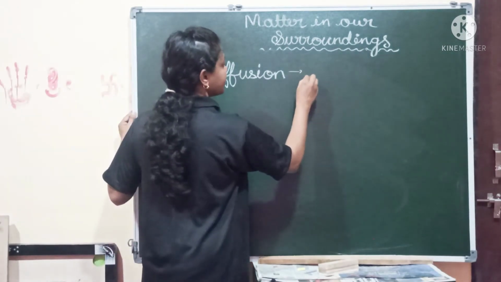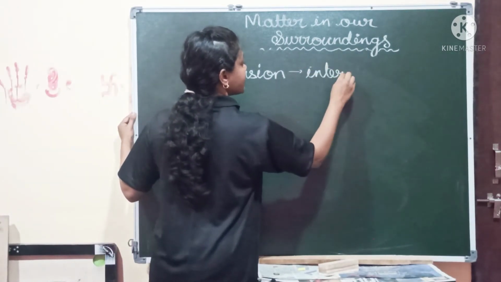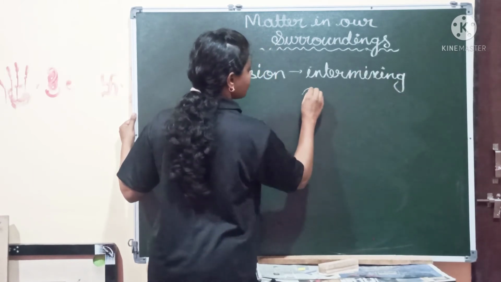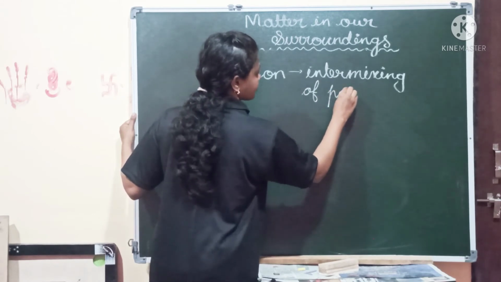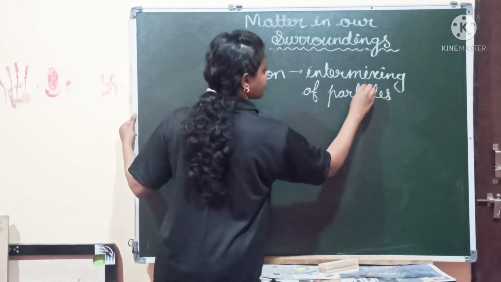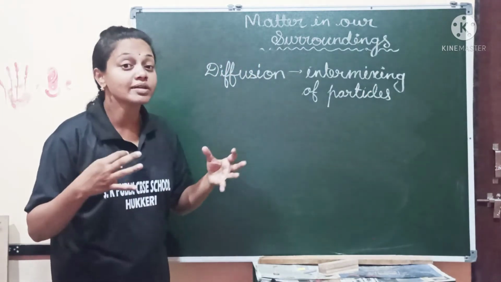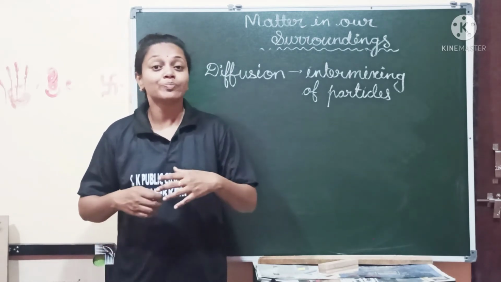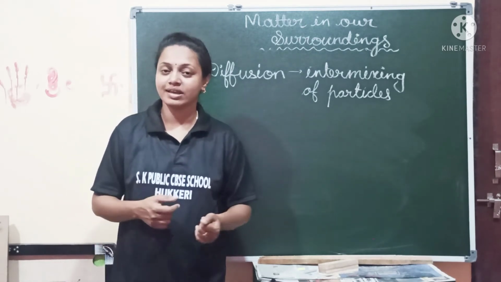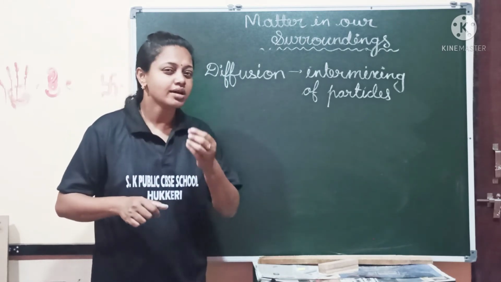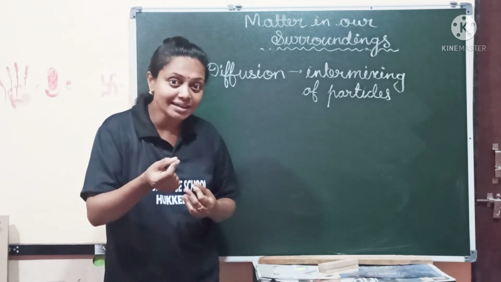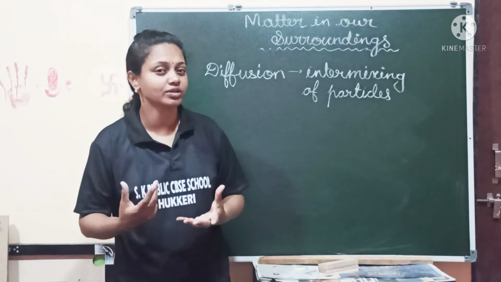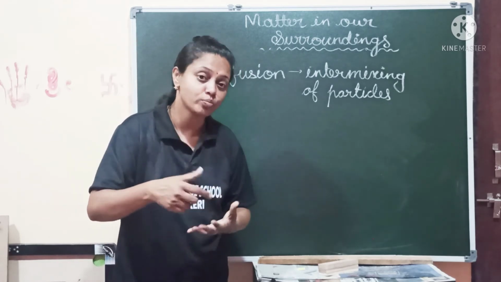Diffusion is nothing but intermixing of particles. Take an example of spreading of ink in water. You have seen, if you drop a little bit of ink or paint in water, how it occupies the complete water. Okay, the water will become the color of whichever paint you put in the water.